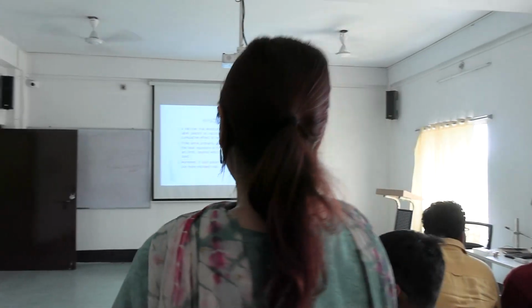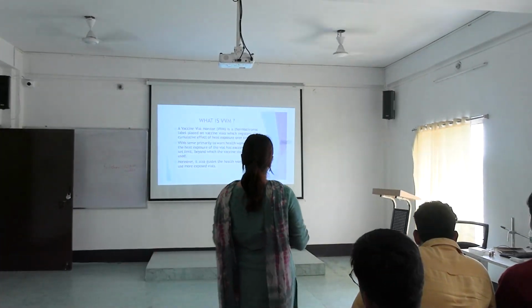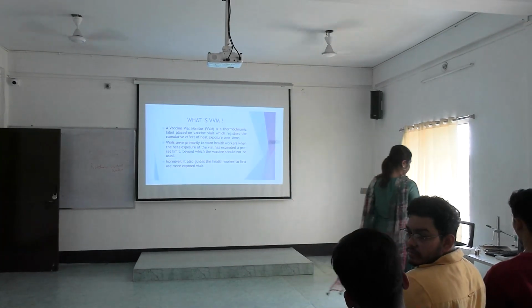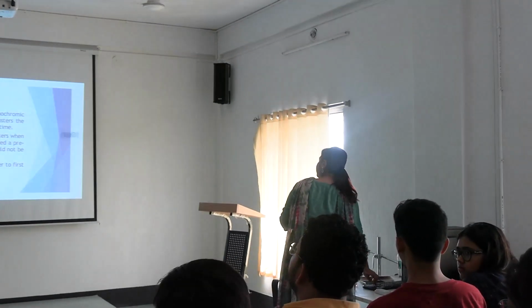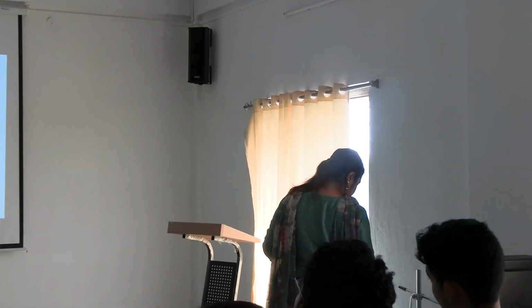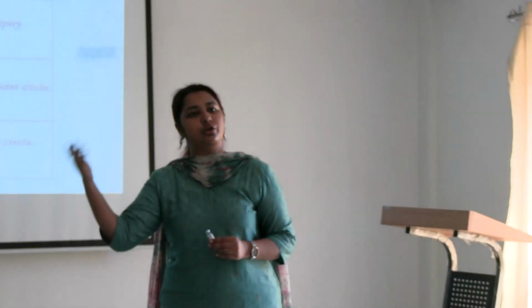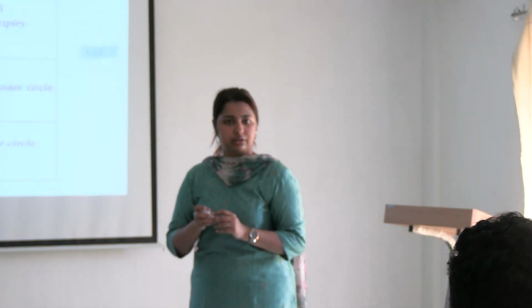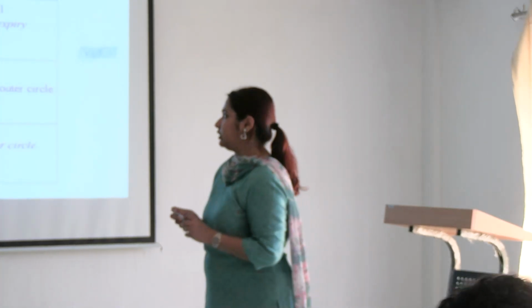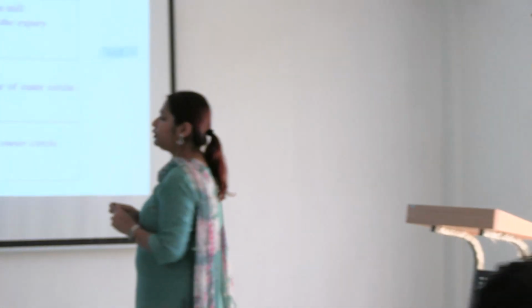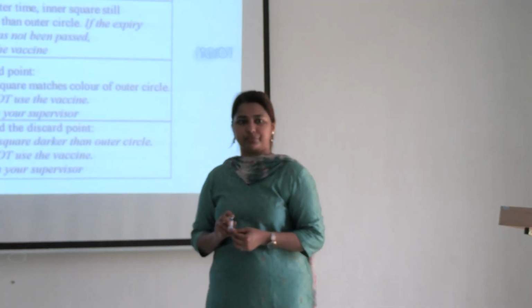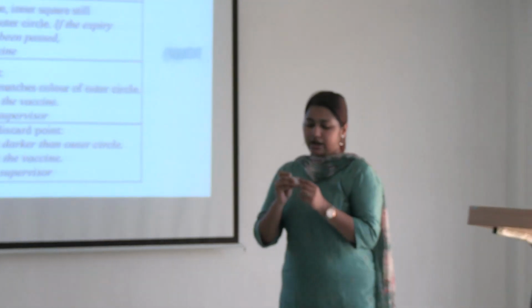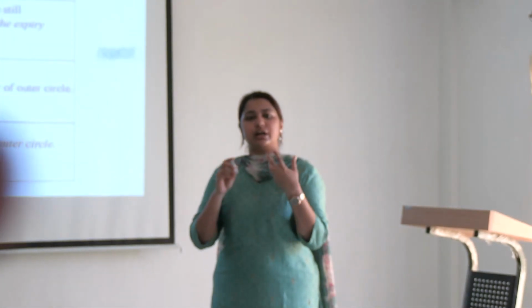Now, how will I understand the heat damage? Vaccine vial monitor, or VVM. From the manufacturer level, the outer circle is darker than the inner square. The inner square is lighter. After some time, the inner square starts to darken.